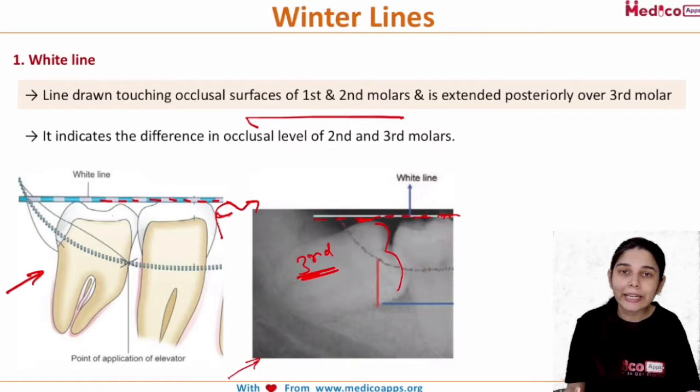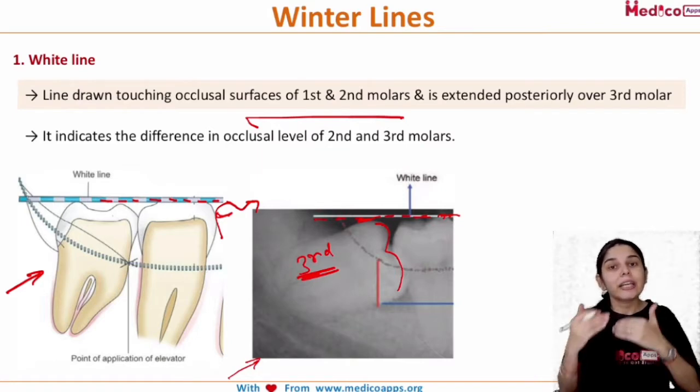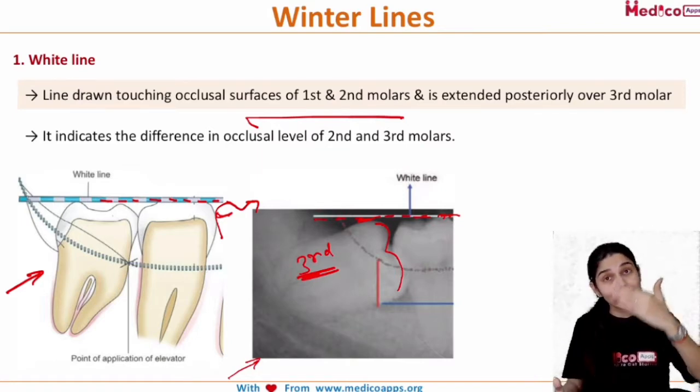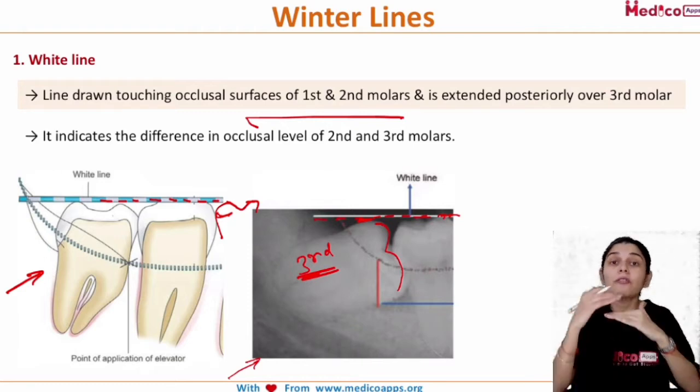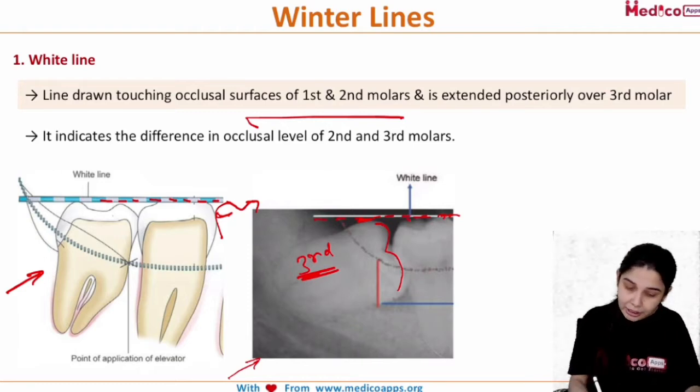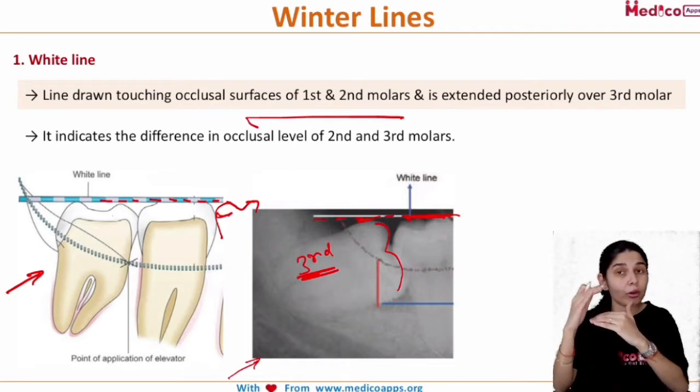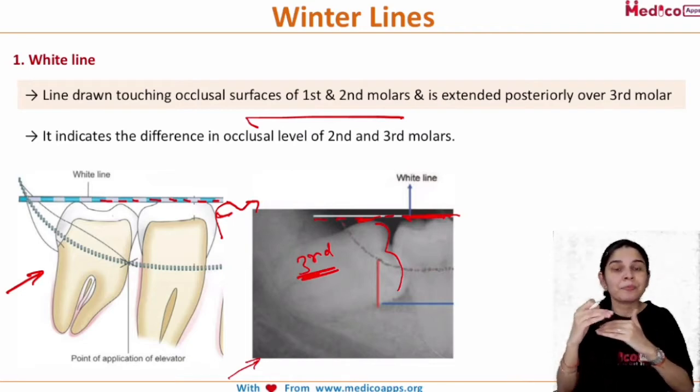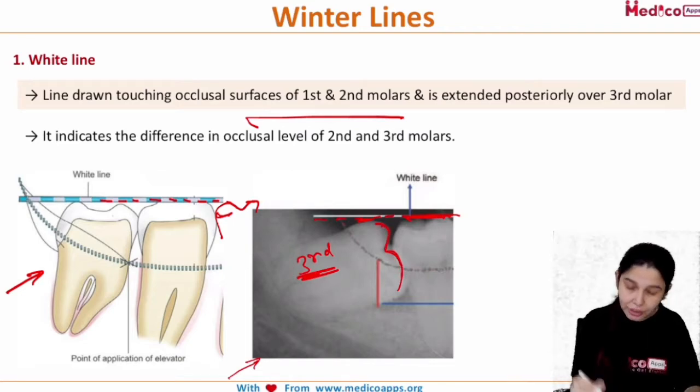So what does it indicate? It indicates the depth of the third molar from the occlusal surface. This is the properly erupted occlusal surface of the second molar, and this is the occlusal surface of the third molar.